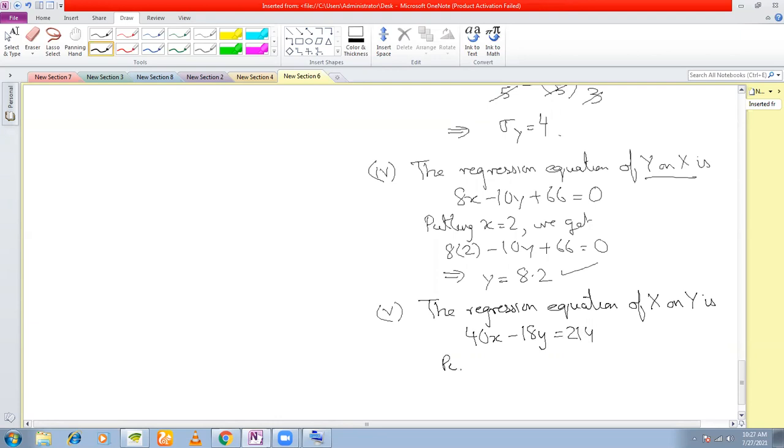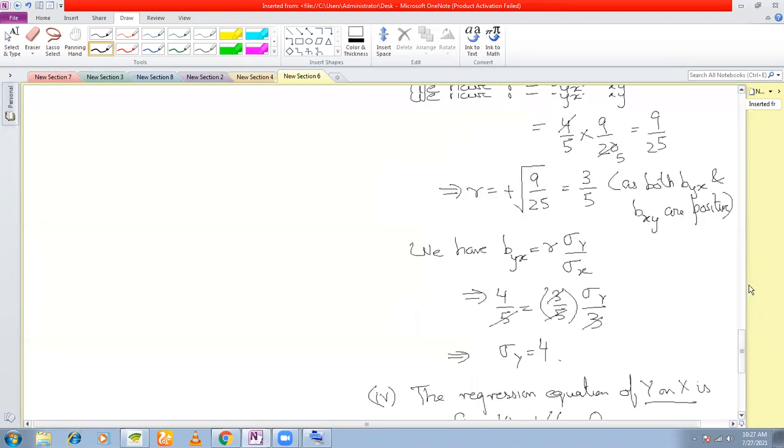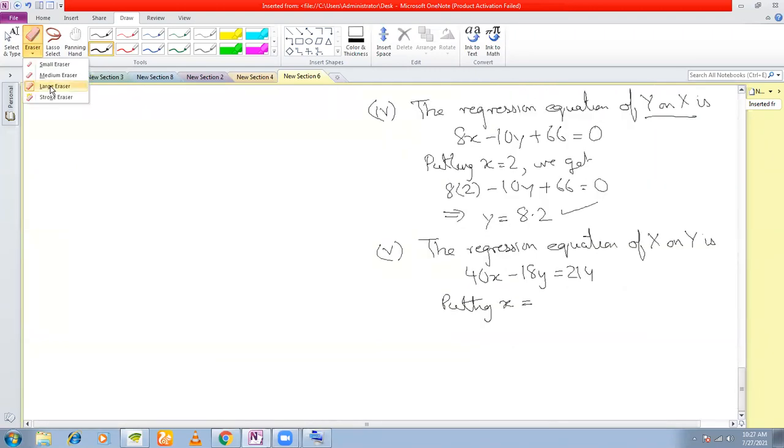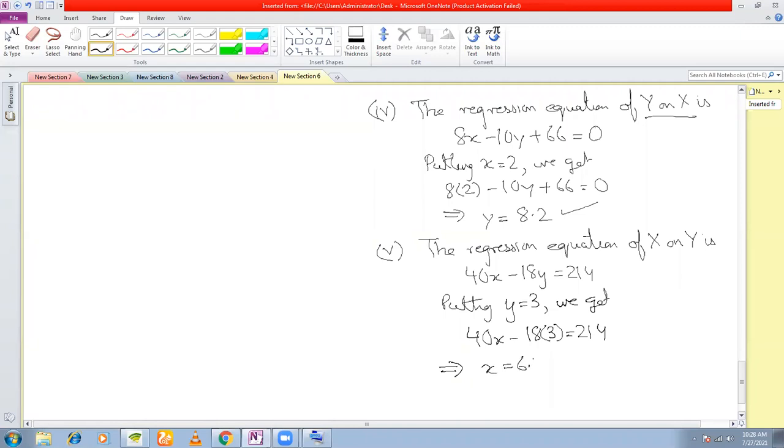So for what value you have to find out? You have to find out the value for y is equal to 3. So putting y is equal to 3, we get 40x minus 18 into 3 is equal to 214. So you can find out the value of x here to be 6.7. Clear with this?